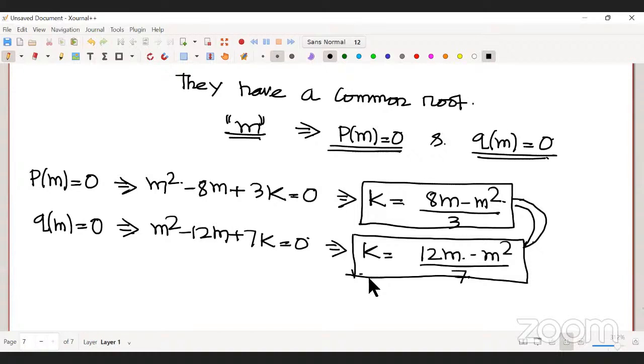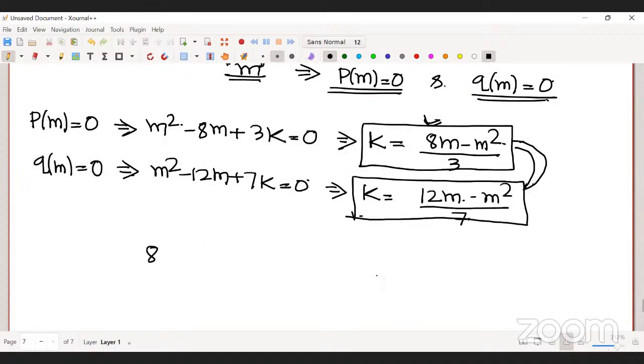Since both the k are the same, both the values of k have to be same. That means 8m minus m square by 3 has to be equal to 12m minus m square by 7.